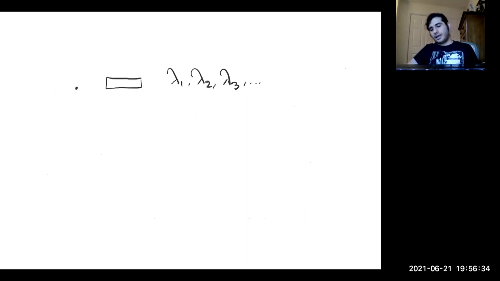In the case where we had a finite bar, we were ending up with lambda 1, lambda 2, lambda 3, etc. We have countably many eigenvalues, and we had f lambda 1, which I would just show with f1, f2, f3, and t1, t2, t3.